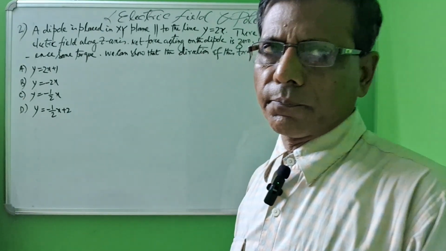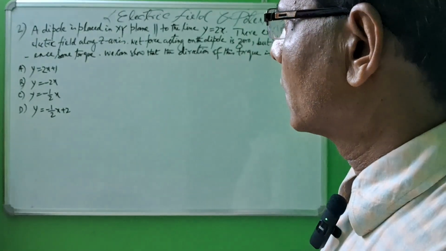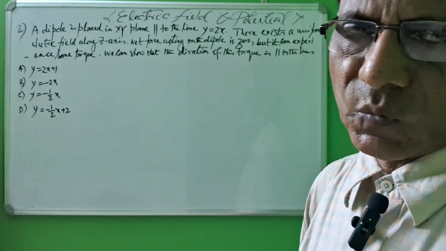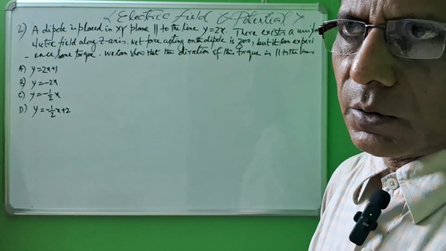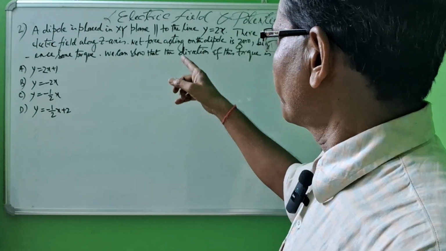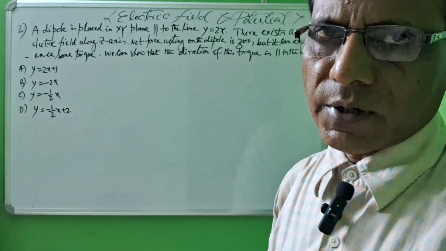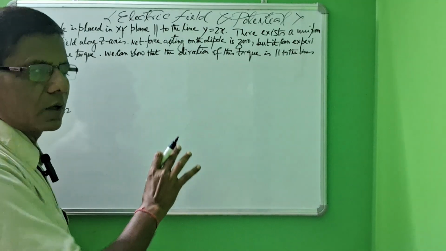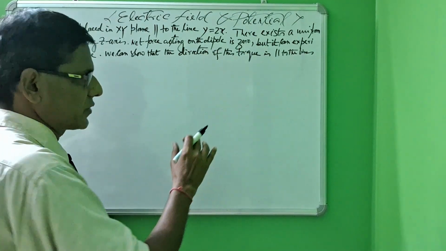Another typical problem. A dipole is placed in the XY plane, parallel to the line Y equals twice X. Suppose the plane of the board is the XY plane.